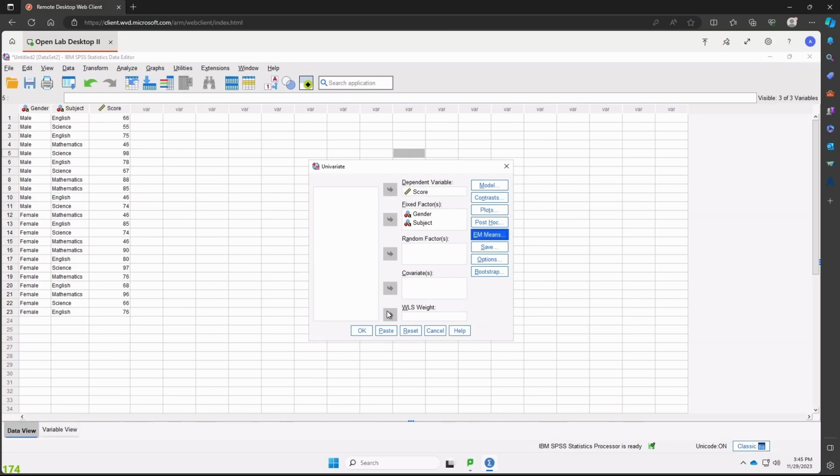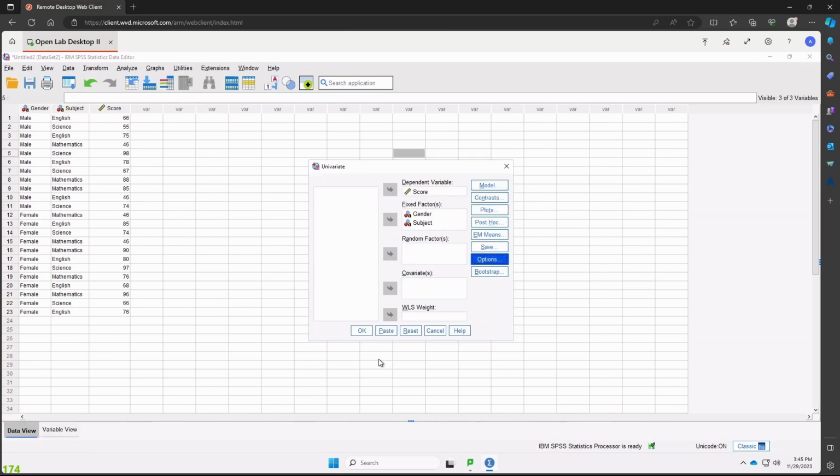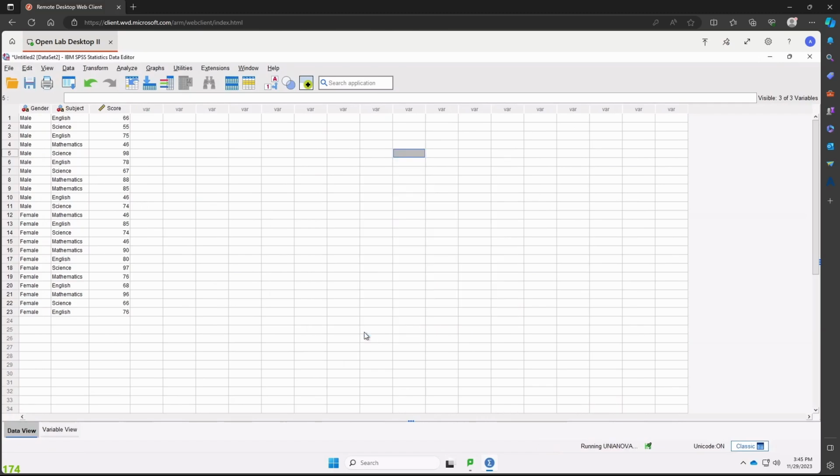And I do want to click the options, and I want to choose descriptive statistics to display this, and estimates of effect size and homogeneity test. And for the default, I'm going to set this to a significance of 0.05. And that's it. I'm going to click OK.